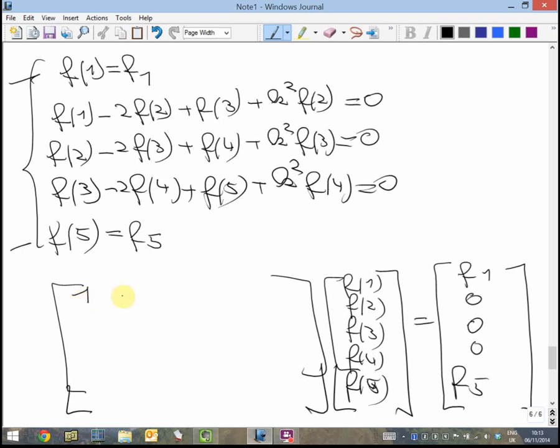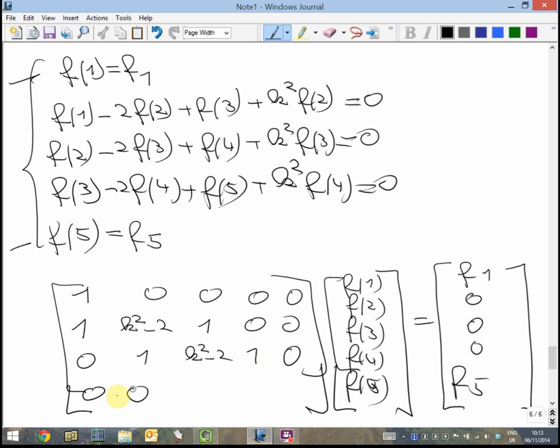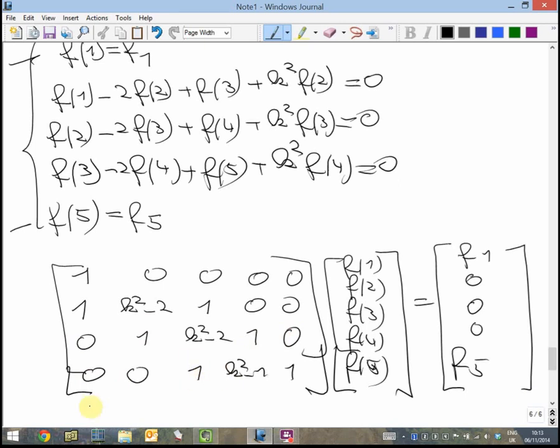So we have 1 here, and then we have 4 zeros, like this. For our second equation, if we look very carefully at what's going on here, we have 1 times f1, we have k squared minus 2 times f2, and then we have 1 times f3, and then 2 zeros. And this pattern repeats itself. You have 1, k squared minus 2, 1. There's a very clear structure going on here. And then finally, we have our trivial case with another 1 there.